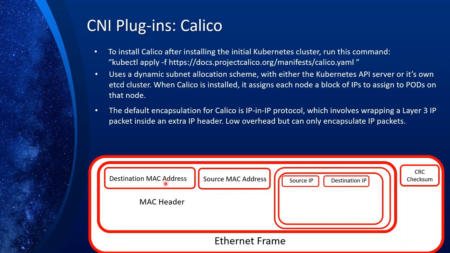It has the MAC address of the originating server and the MAC address of the destination server. Inside that, it creates another layer of IP header, which doesn't have anything in it except that it wraps the actual data, which is again IP data. It has a source IP and a destination IP. These are the source and destination IP addresses of the pods.